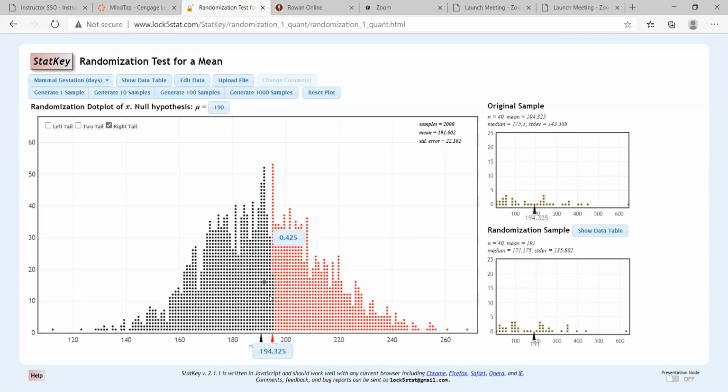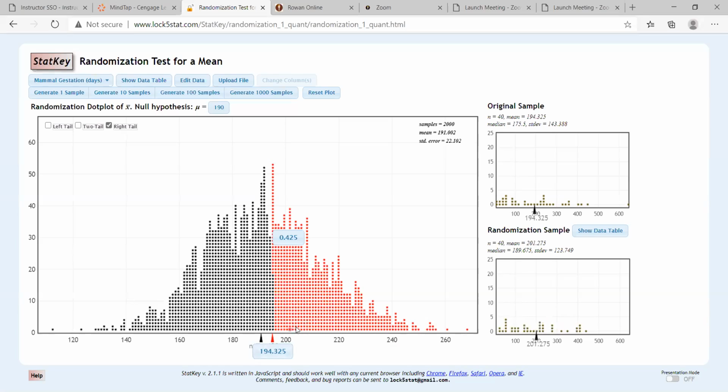If it's true, then the probability of getting a 194.325, the sample mean that we got, or something more extreme than that, is 0.425, or a 42.5% chance. That's pretty high. But that's what's called the p-value. It's the probability of getting the sample or something more extreme than the sample when we assume that the mean for the population is 190.